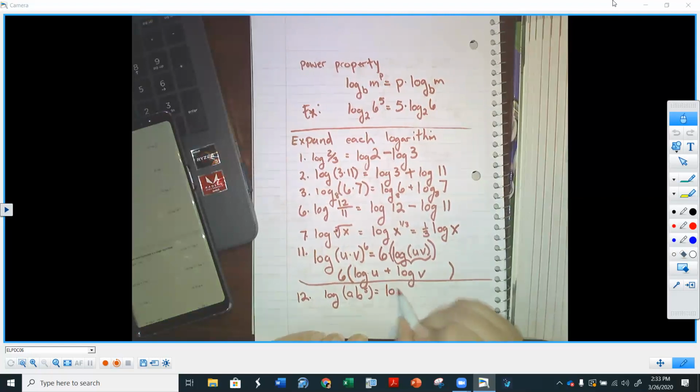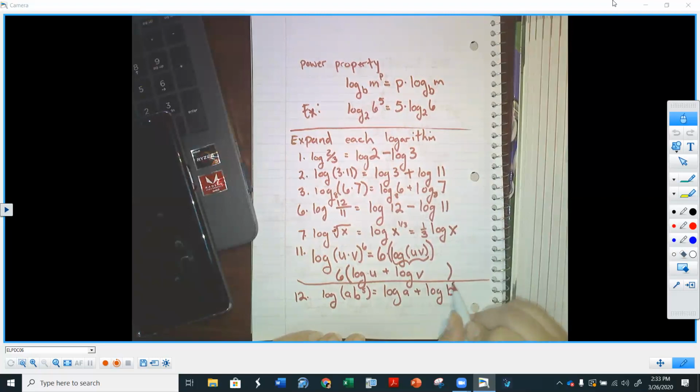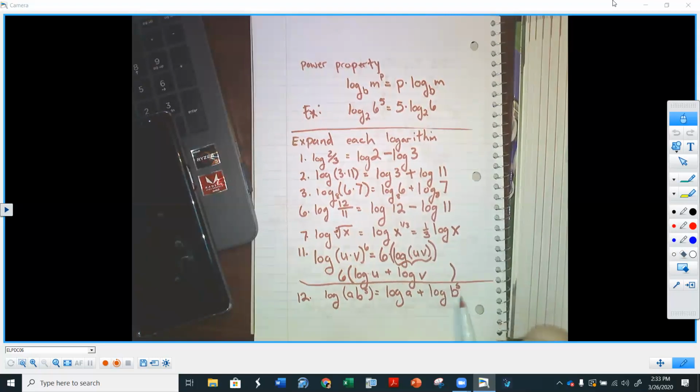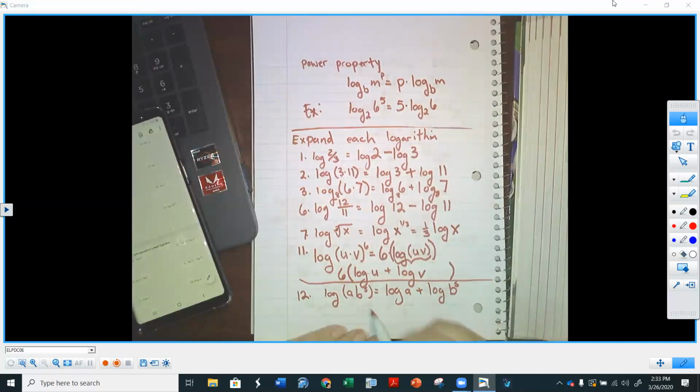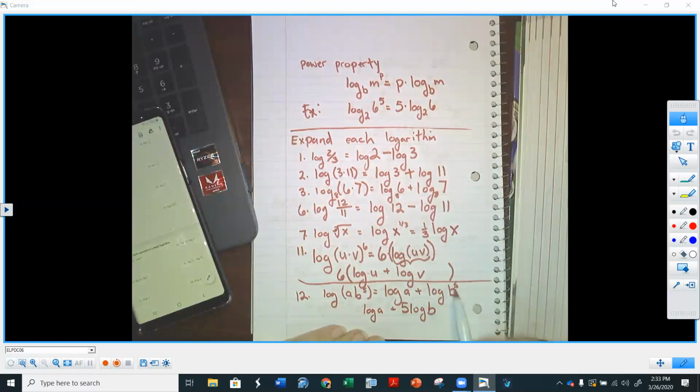So I really have log a plus log b to the 5th power. This 5 needs to come down and be in front of the log b. So I will have log a plus 5 log b. You just need to pay attention with your exponents to which piece they go to. I can write a multiplication there if it's easier.